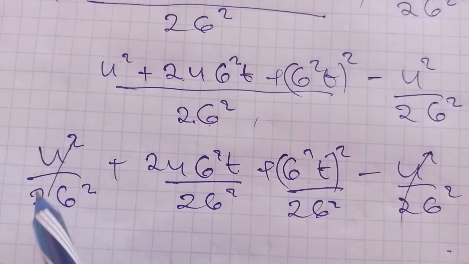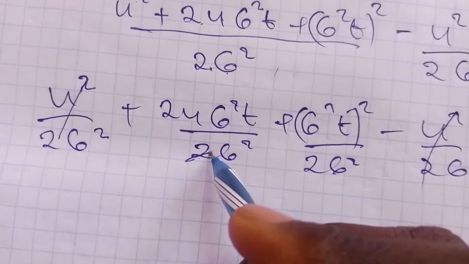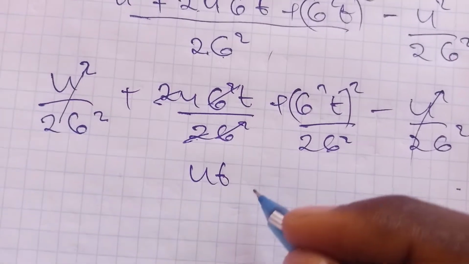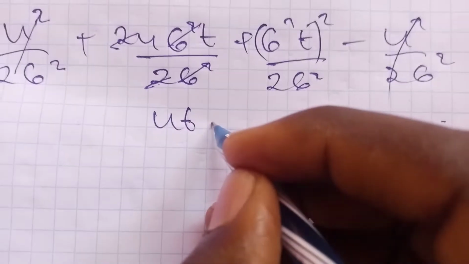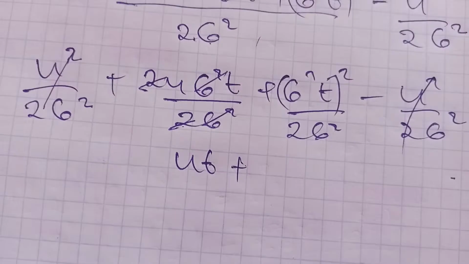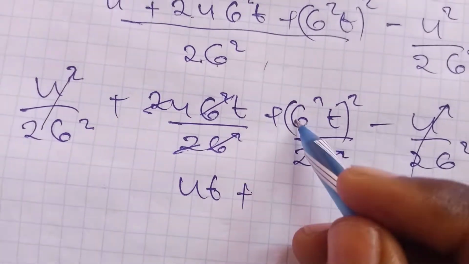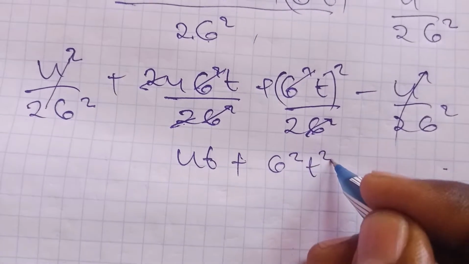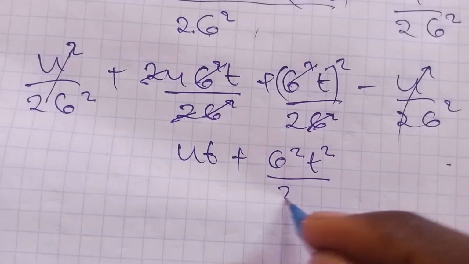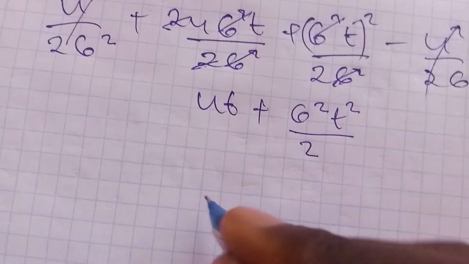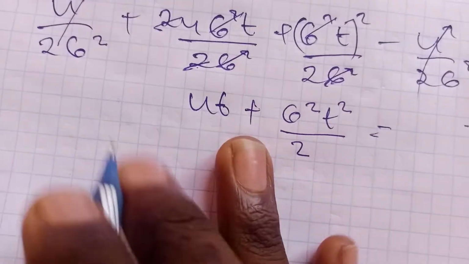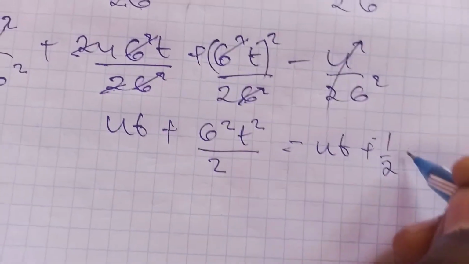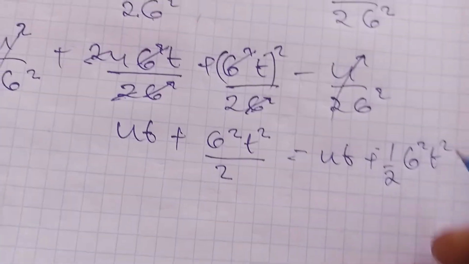This one will cancel this, then this will cancel this, and we are left with ut, plus this will cancel 1 there, so we are left with the sigma squared t squared divided by 2. We'll be left with ut plus half sigma squared t squared.